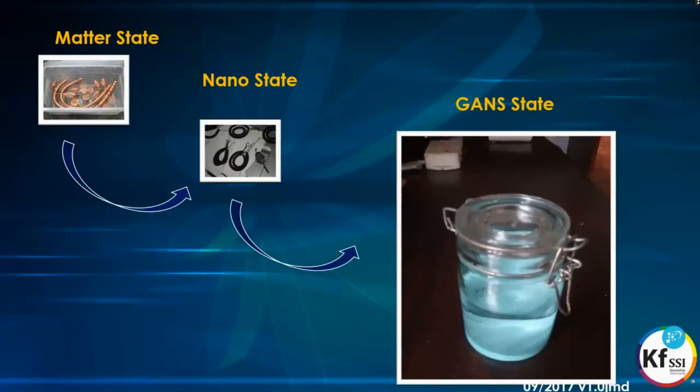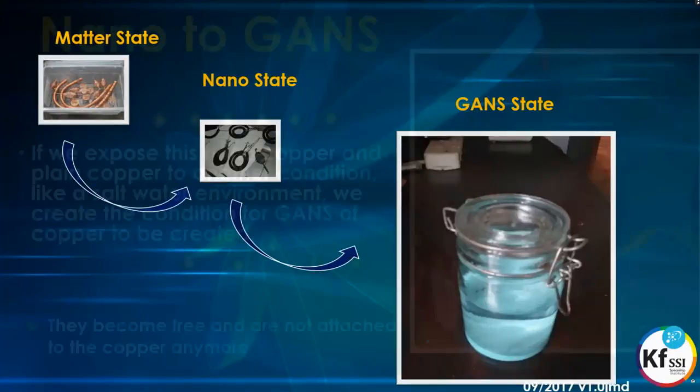So we start out with the matter state, we create the nano, and we'll be showing you in later workshops how you'll be creating your Gans material using different metal plates, one nano, one non-nano.